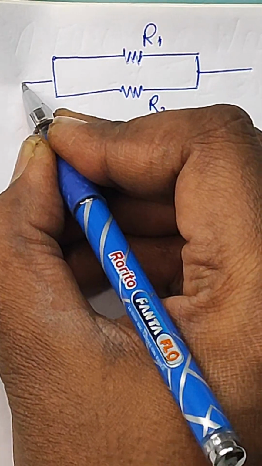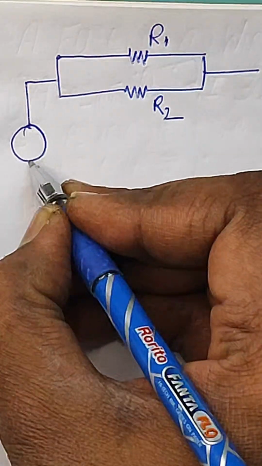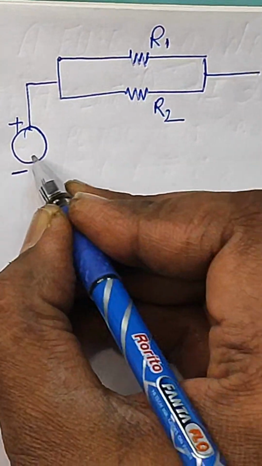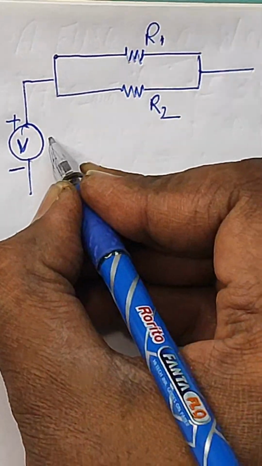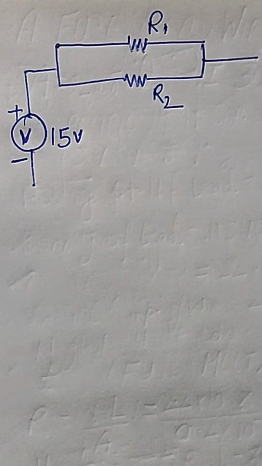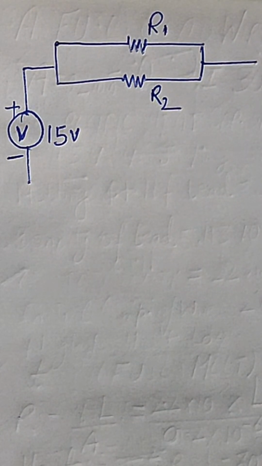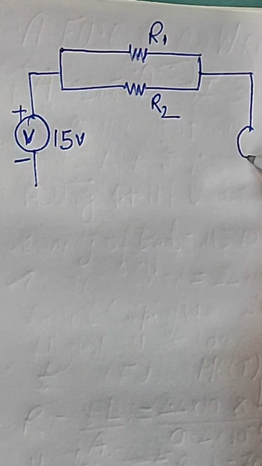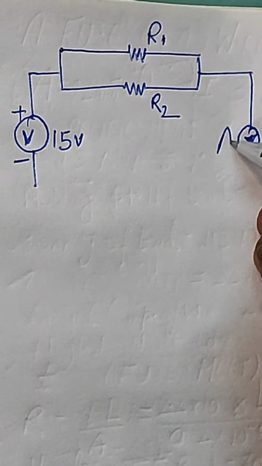And this is being supplied by a voltage source of 15 volt. This is given to you in the question, right? Now after this, the circuit comes like this, and here an ammeter is given to you. An ammeter is definitely used to measure the current, right?